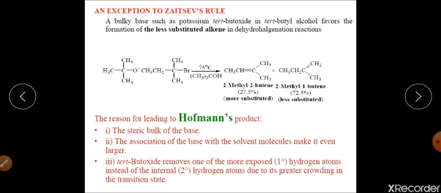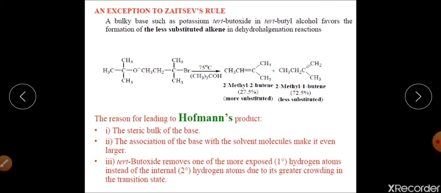But you can see that only 27.5% of the more substituted alkene is synthesized in this reaction, because here we have a bulky base. What is the reason behind that? If we use a bulky base, the Saytzeff product will not be the major; instead the Hofmann product is the major product, and you can see that the Hofmann product, the least substituted alkene, is prepared in 72.5%.